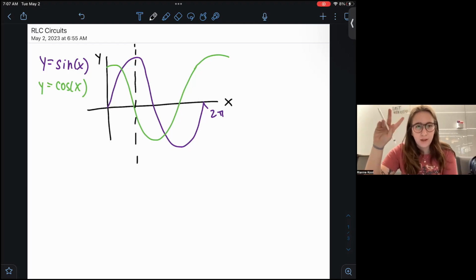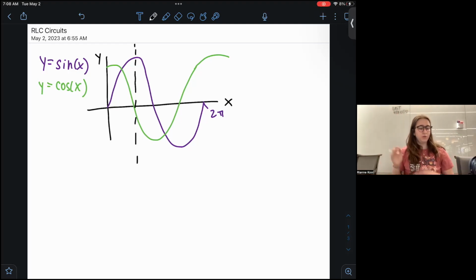So I really wanted to amplify that changing of behavior. When you go from sine to cosine, you can change it with a phase angle, and you can just shift it over. So that is how you would think about that.